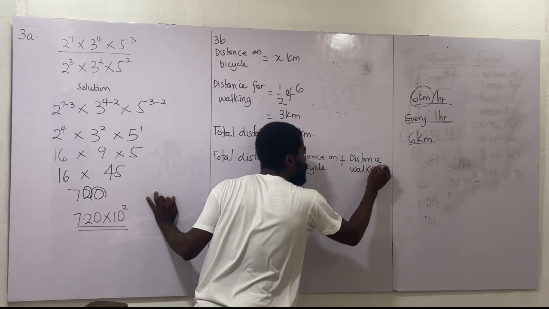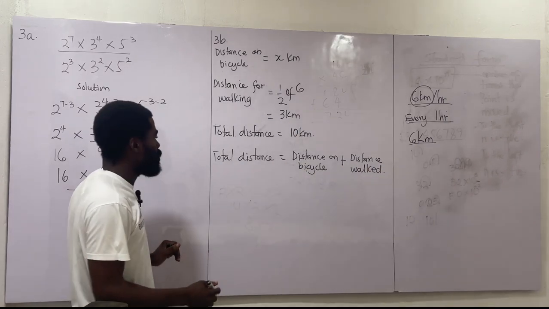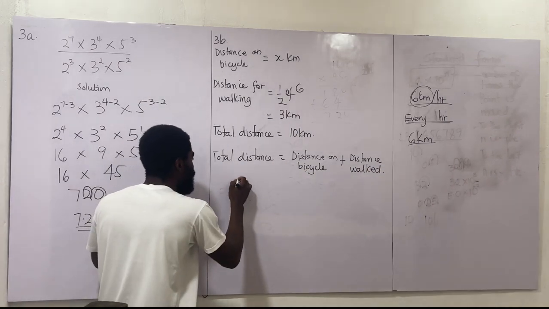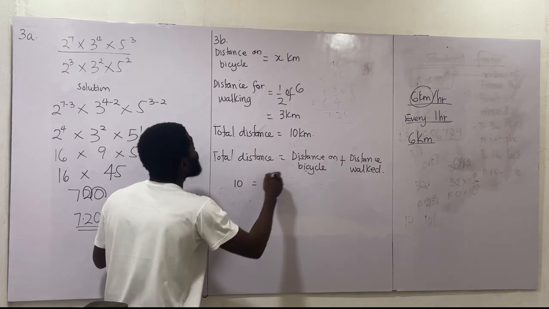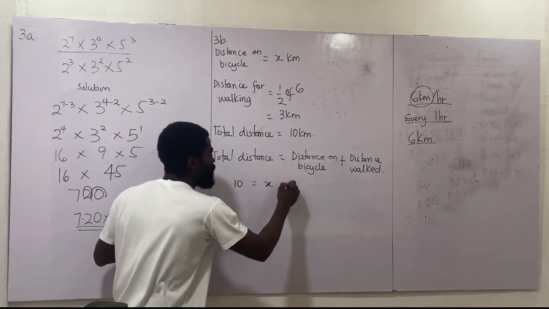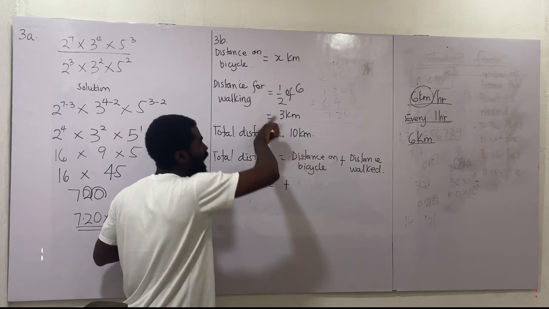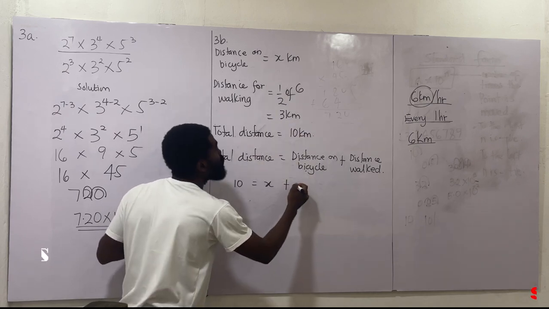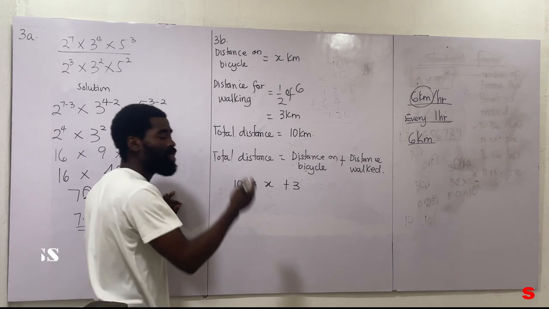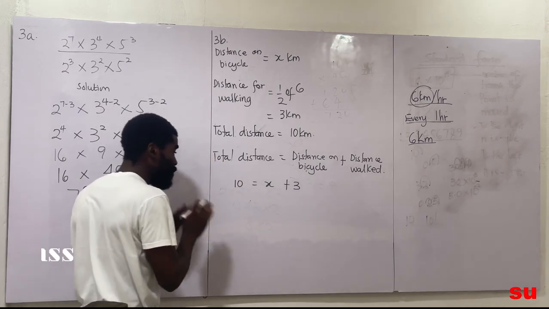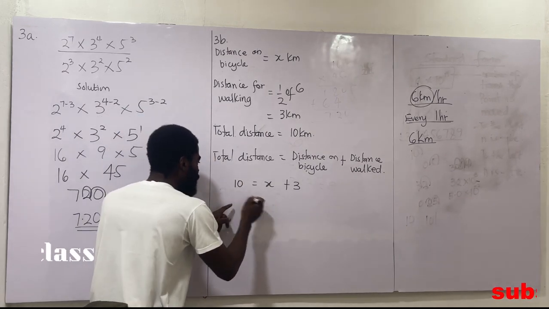Let's put it this way. So what is the total distance? We have total distance as 10. Then distance on bicycle, what we're looking for, so X. Then plus the distance walked, which was half of 6 kilometers. So we have 3. With this, it becomes so easy. Very, very easy. We break this question down very quickly.